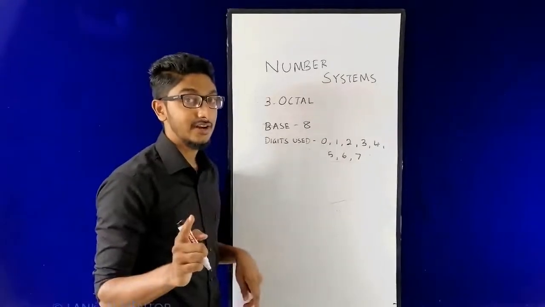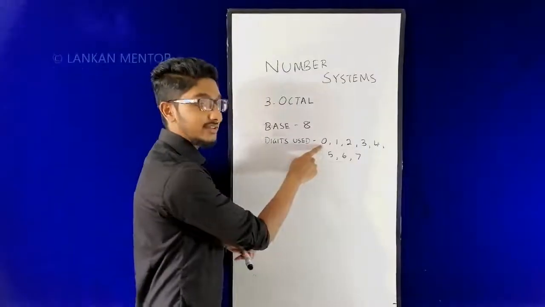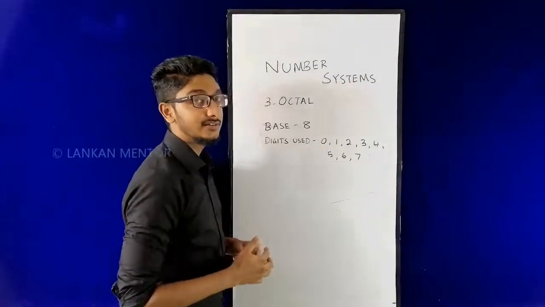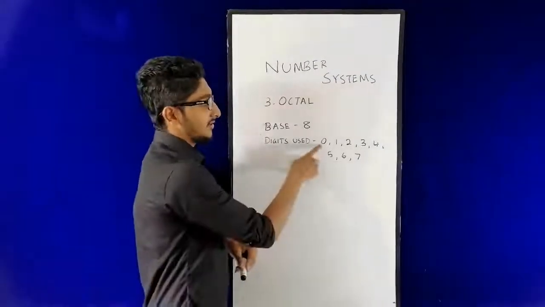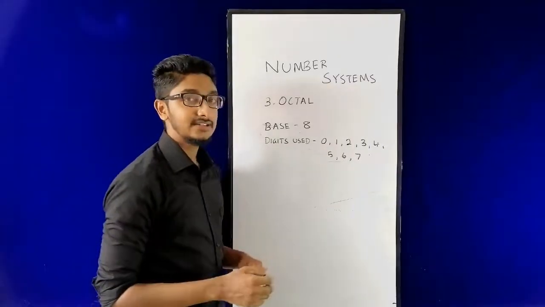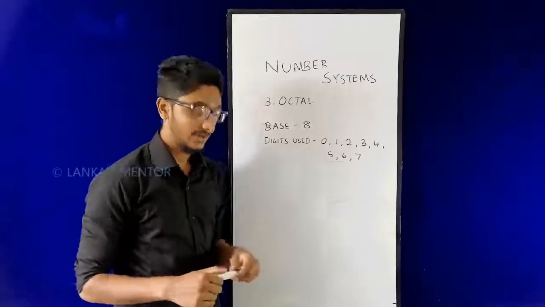Not 8, you don't have 8. Why? Because including 0, totally we have 8 digits. That is why it is base 8. So from 0 to 7, the maximum number in octal is 7. Right? Okay.